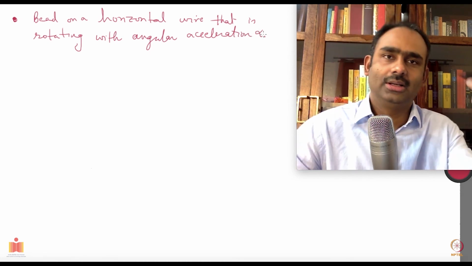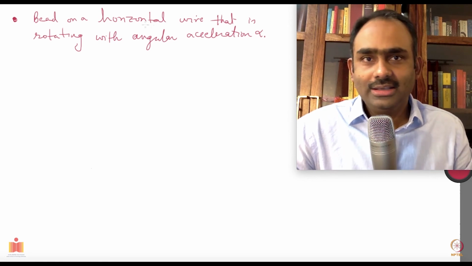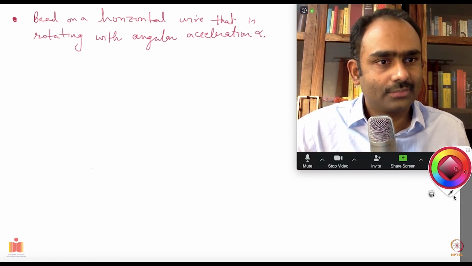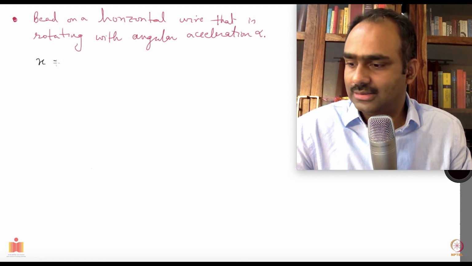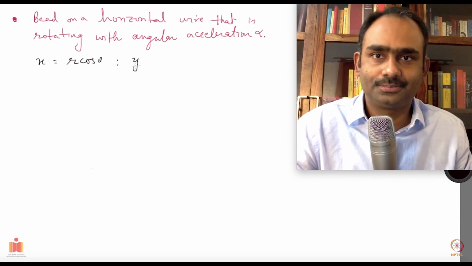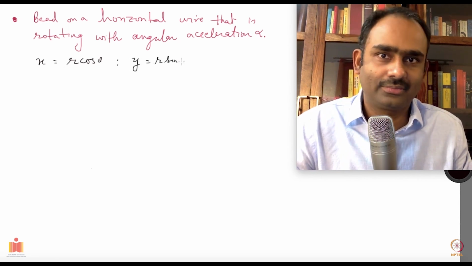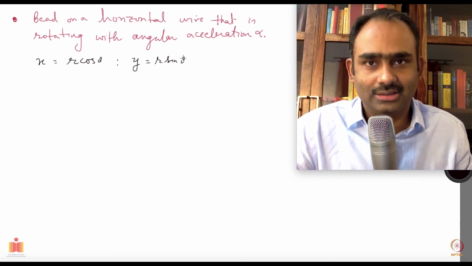Okay, so that's the thing we want to talk about now. Again, as before, your x is r cos theta, your y is r sin theta. You can find out theta given your initial condition and your alpha.